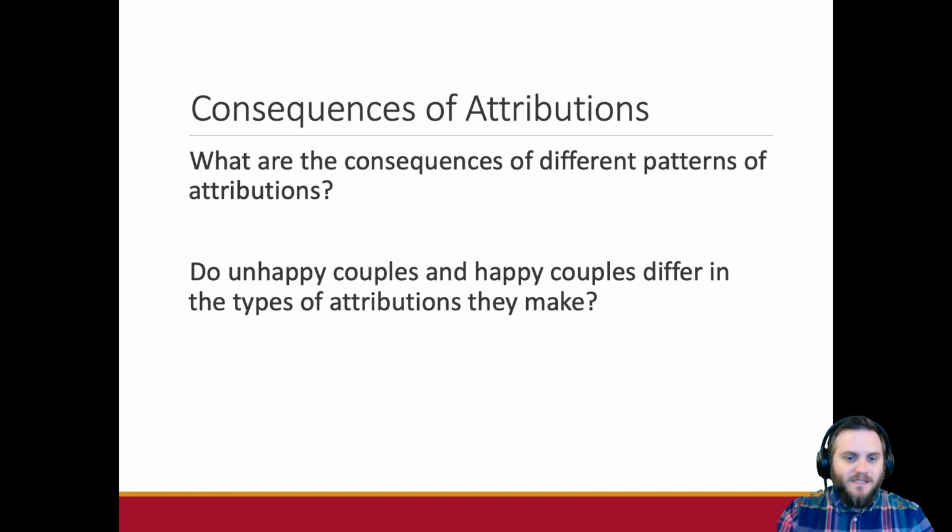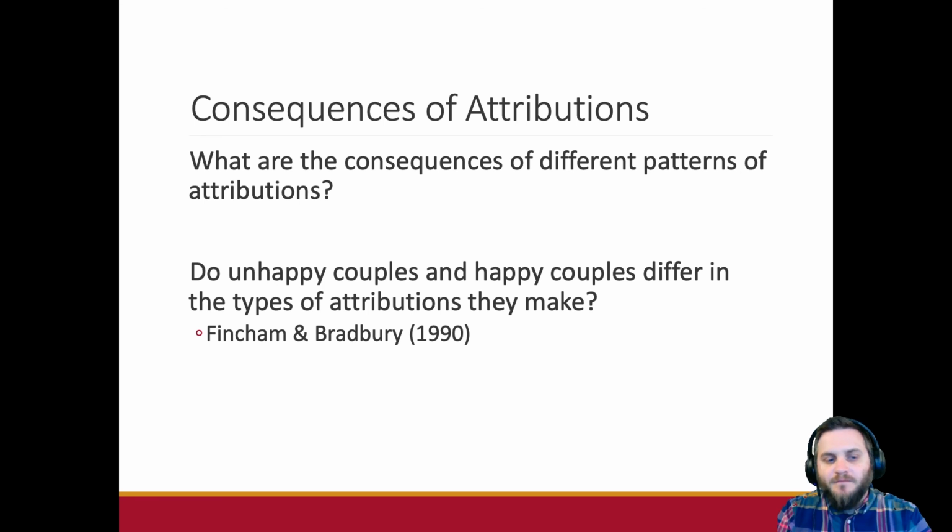So romantic couples, unhappy couples versus happy couples. Do they differ in the types of attributions they make? Let's talk about Fincham and Bradbury, 1990. So the summary of their findings with respect to these two kinds of couples, unhappy versus happy.